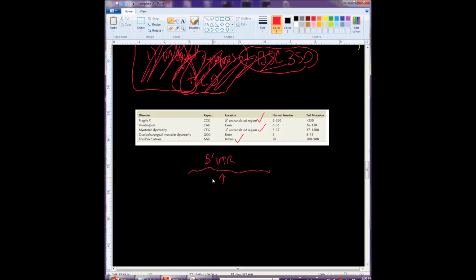So 5' UTRs have regulatory sequences, right? 5' untranslated regions have regulatory sequences where the ribosomes bind, for one. Ribosomes can't bind just anywhere on the messenger RNA. They have to bind before the initiation codon so they can start translating the messenger RNA at the right spot and end up in the right reading frame and make the correct protein.